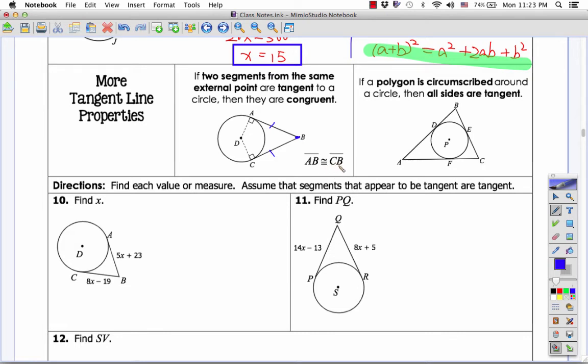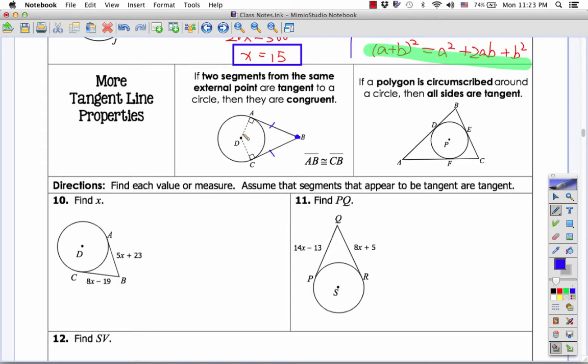So AB is congruent to CB. Another way to think about the ice cream cone is it's almost like the sun shining down on Earth, and you know the distance to both sides are exactly the same. And obviously between the center and the tangent point is a right angle. So this is called the ice cream cone theory.